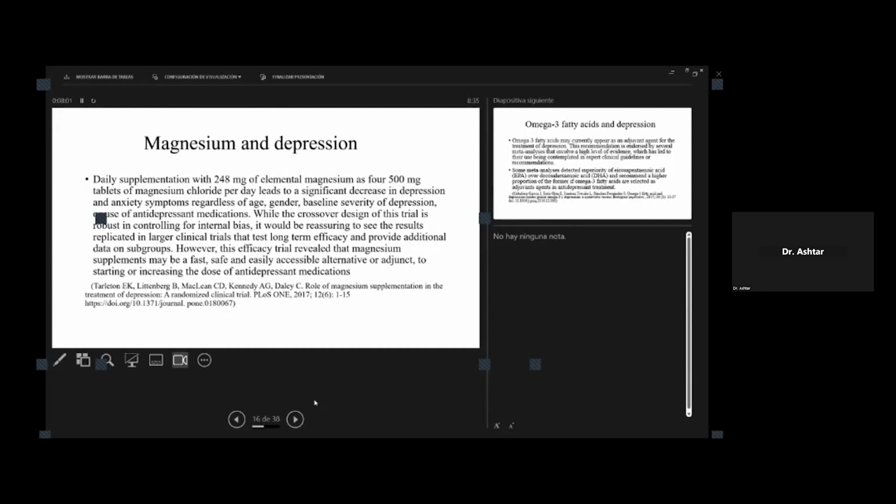While the crossover design of this trial is robust in controlling for internal bias, it would be reassuring to see the results replicated in larger clinical trials that test long-term efficacy and provide additional data on subgroups. However, this efficacy trial revealed that magnesium supplements may be a fast, safe, and easily accessible alternative or adjunct to starting or increasing the dose of antidepressant medications.